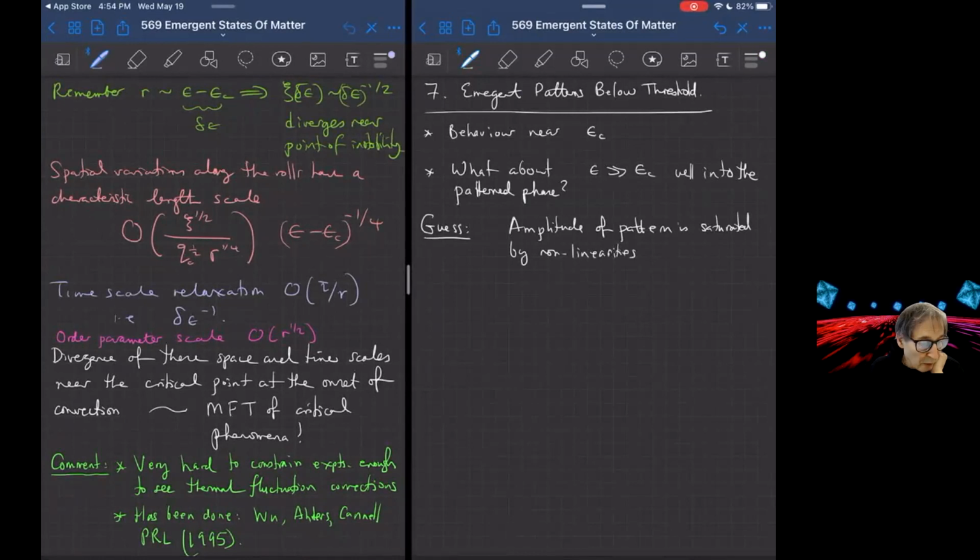And so the amplitude A is basically a constant. But then the only remaining degrees of freedom are the phase degrees of freedom.